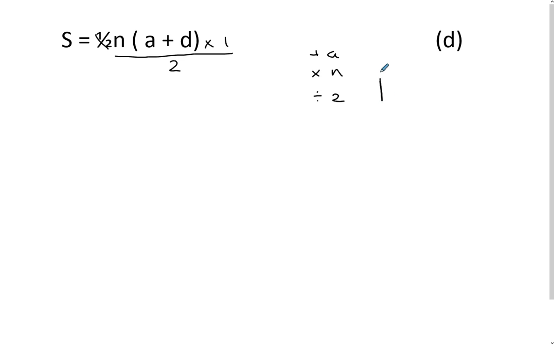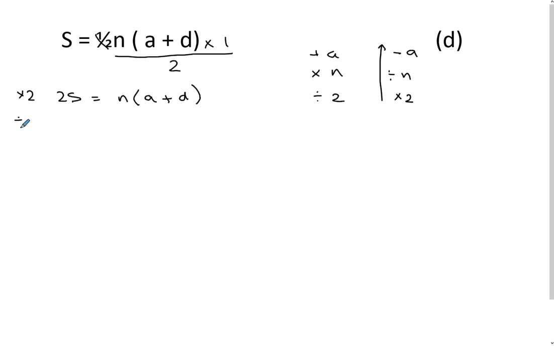So we go backwards, and we multiply by 2, we divide by n, and then we minus a. Okay, so multiply by 2, you've got 2s equals, and this side the 2 will just disappear, so we've got n a plus d.